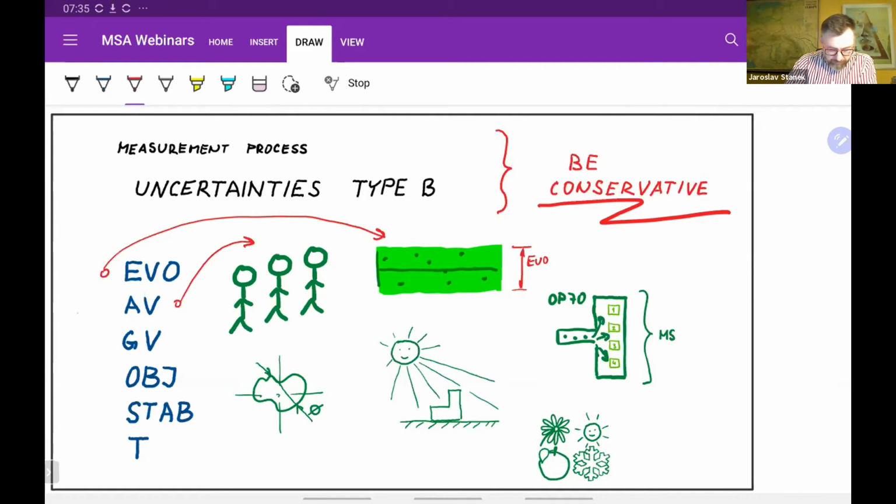The third one is the gauge variation. The gauge variation appears when we are using a set of measurement devices to build the measuring process. And in the series production, this is quite often in places where the capacity of the measuring devices is not enough to cover the full production.